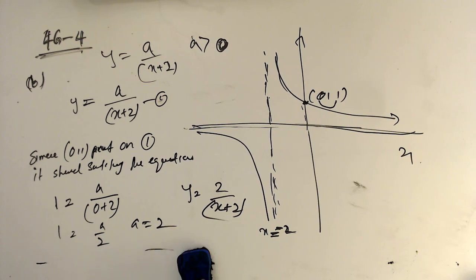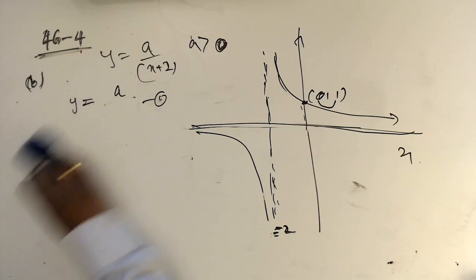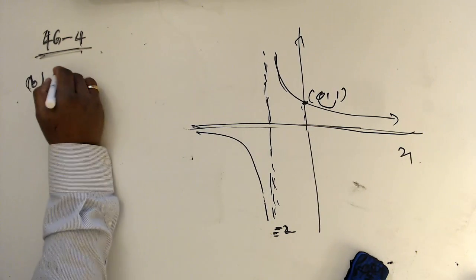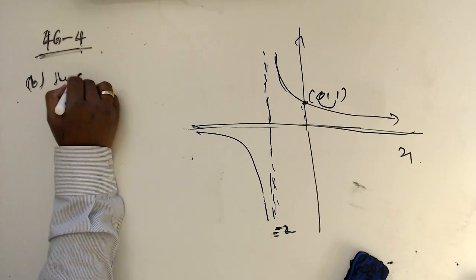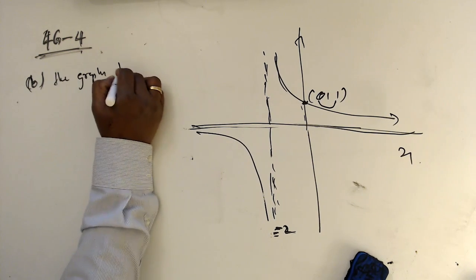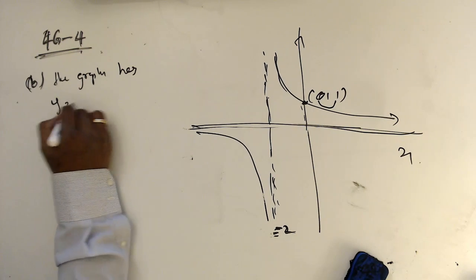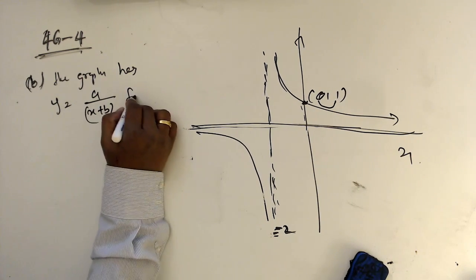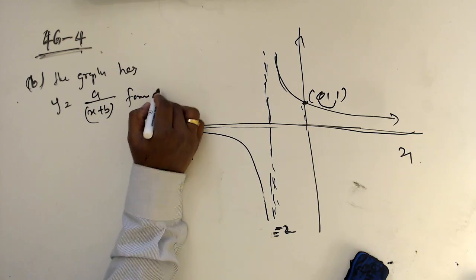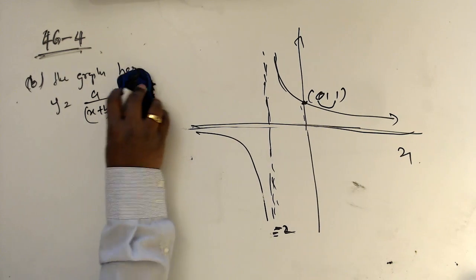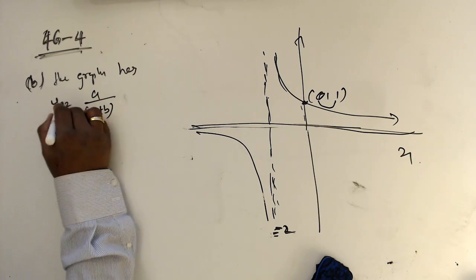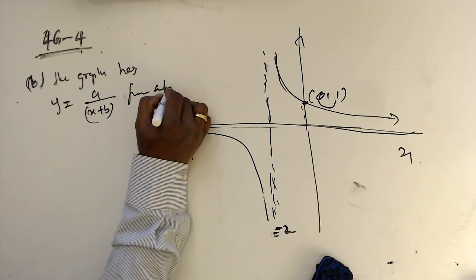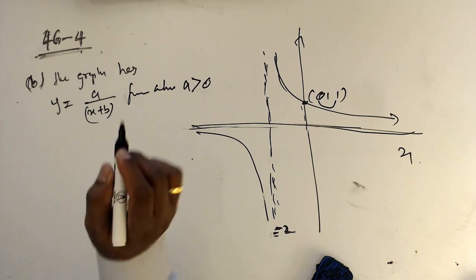You can write it differently as well. The graph has the form y equals a over x plus b, where a is greater than 0.